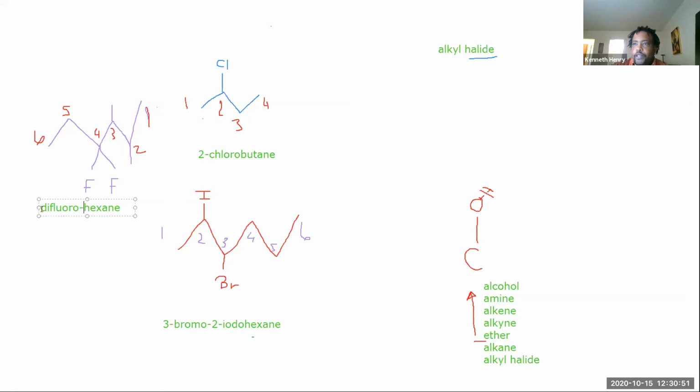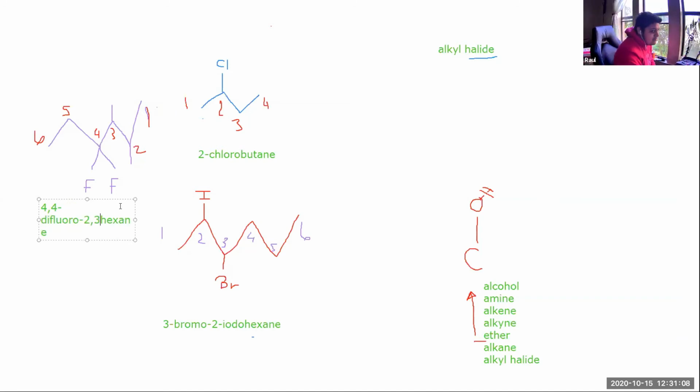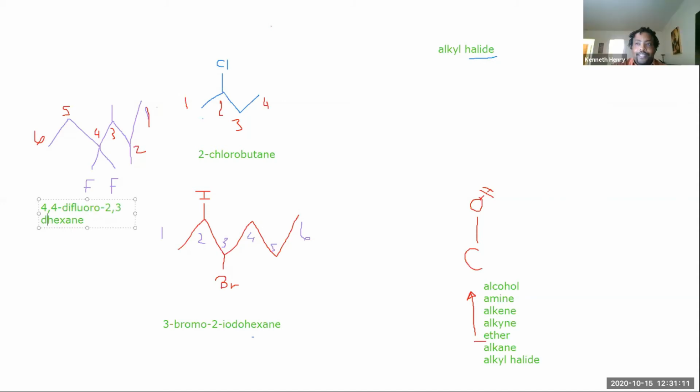And then you have to tell me where they're located. 4. So it'll be 4,4-difluoro. And then what? Oh, 2,3-methyl. Dimethyl, right?